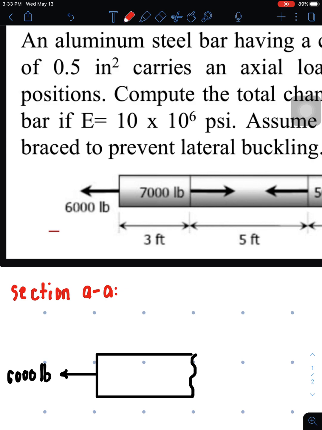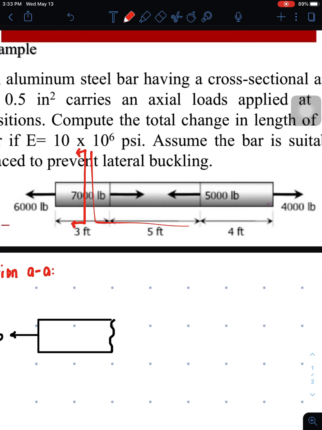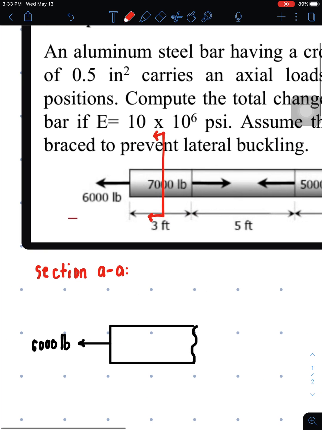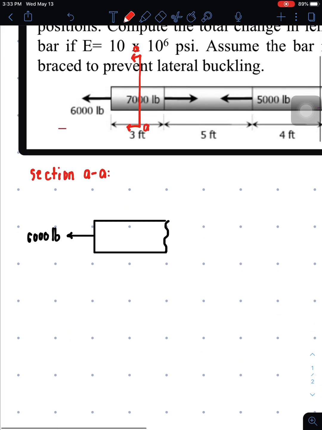How do I consider that? I will cut here and consider the left section because it is simpler. The other side would show a free body diagram with many forces, so to prevent that, we might as well consider this portion, section AA, to the left. And this is our section AA.